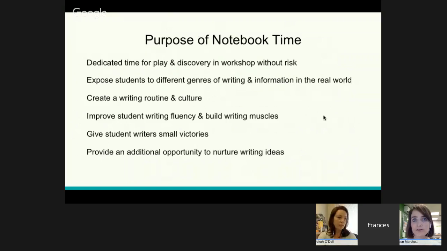They are working on fluency and building their writing muscles because they do it daily. Small and large victories happen in notebook time. Students are celebrated for writing on a daily basis and then sharing those things with their peers. And this is where we really nurture a lot of the writing that they're trying to do and help them get to more substantial pieces as well.